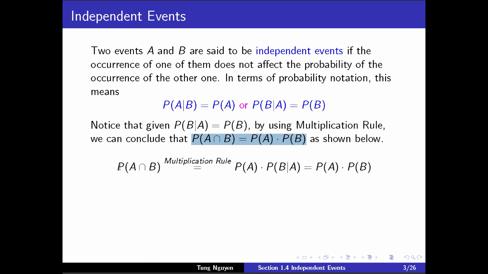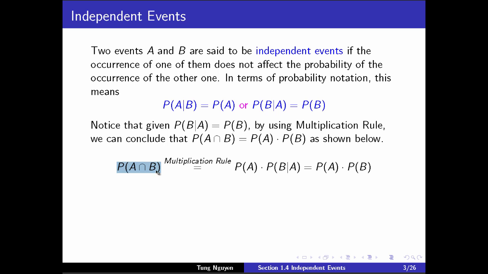By the multiplication rule, we have this equation. Probability of A intersect B is equal to probability of A multiplied by probability of B given A. Now, knowing that probability of B given A is the same as probability of B, we can replace the probability of B given A by probability of B. So there we arrive at the conclusion.